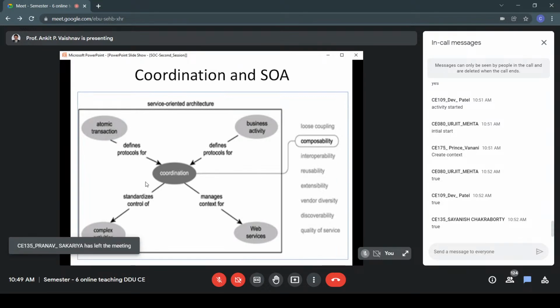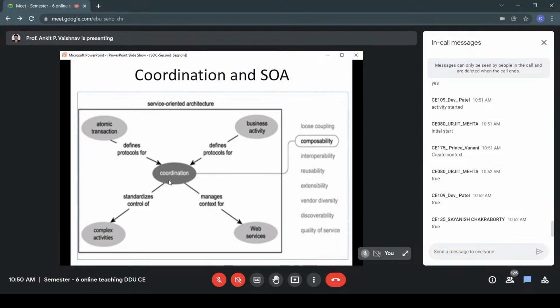Just trace down the arrows which are written in this slide. Atomic transaction and business activity give different protocols for coordination. That's why the arrow is from atomic transaction to coordination, because every type, either atomic transaction or business activity, gives us different protocols for coordination. Now, what does coordination give you in return?